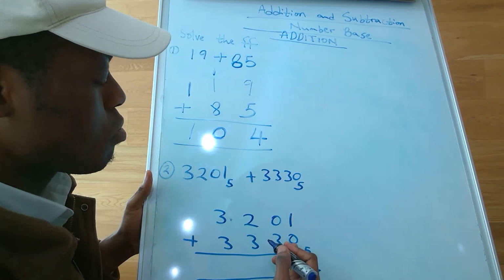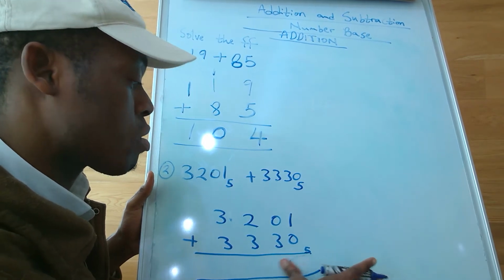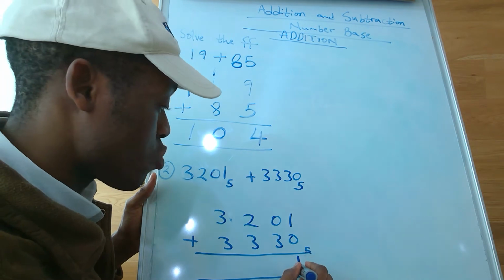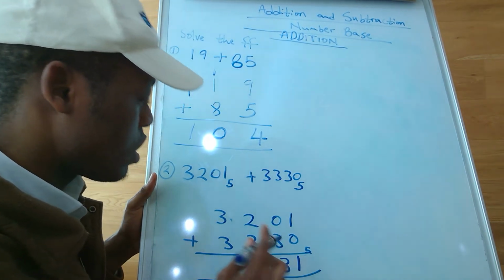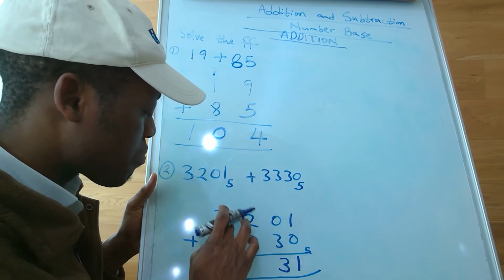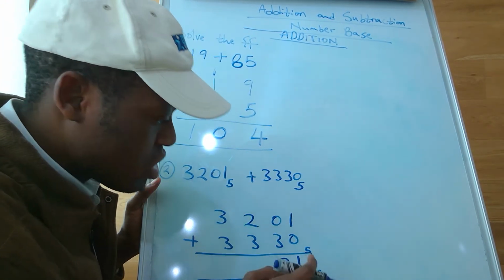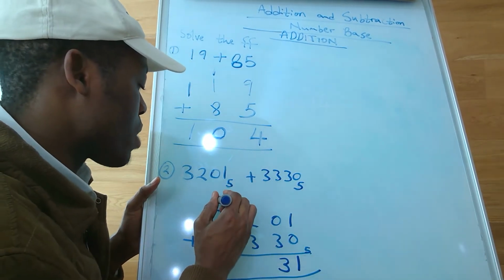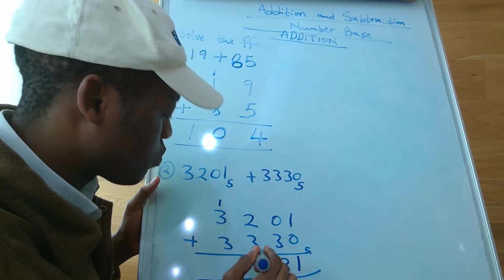1 plus 0 is not up to 5. You write the 1. 0 plus 3 is 3. 2 plus 5, it has reached 5, which is the base. It will turn to 0 and add 1 to the next number. Nothing to add again, then 0.